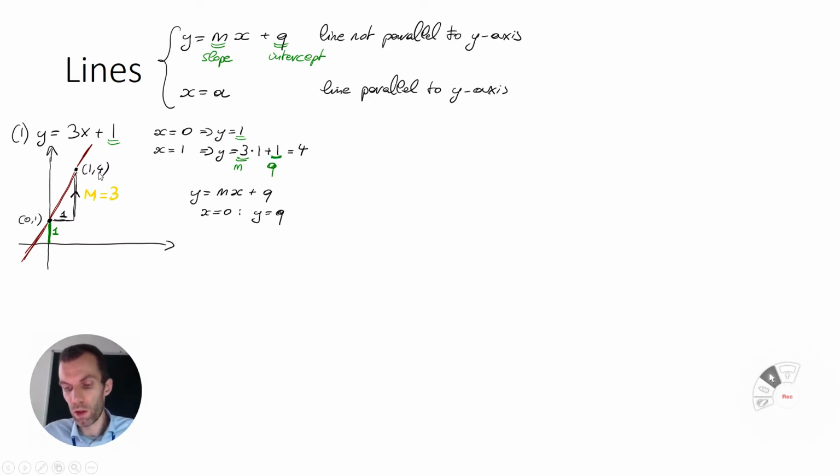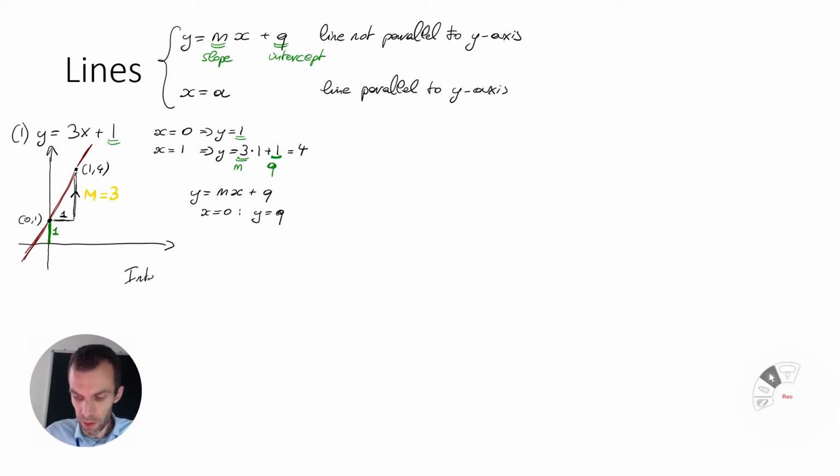And this is a general thing that holds true. So with a line, the interpretation is if you go to the right by 1 step, you have to go up or down by however many times the slope is. So let's summarize that.